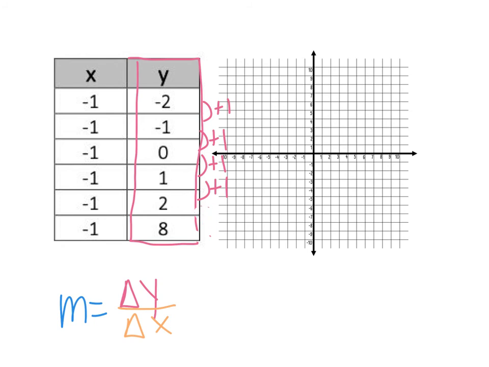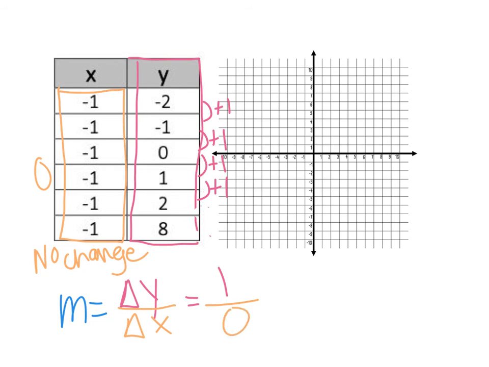So looking at our x values, well, what do we notice about this? What is our rate of change? From -1 to -1, well, there's no change. It's 0. So if I were to write this as my fraction, we have the change of y, which is 1, and the change of x, which is 0.